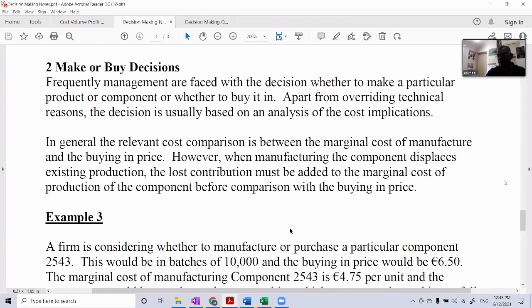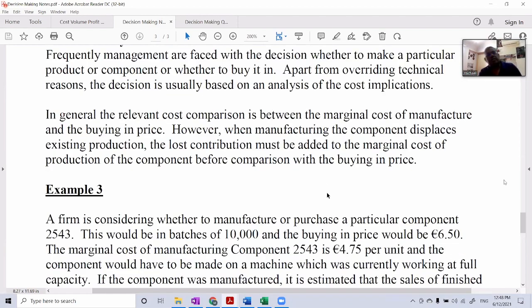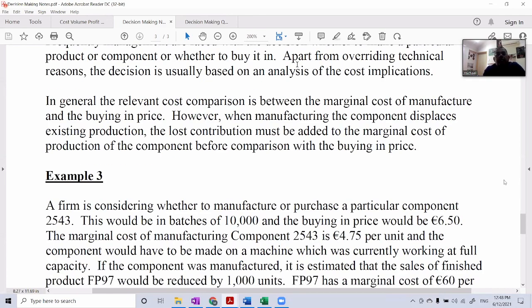And again, the crucial point is to know which cost information to consider. It says in general, the relevant cost comparison is between the marginal cost of manufacture and the buying in price. Yes, marginal cost. The assumption here is that even if I decide to buy the component externally, I will still incur the fixed cost.